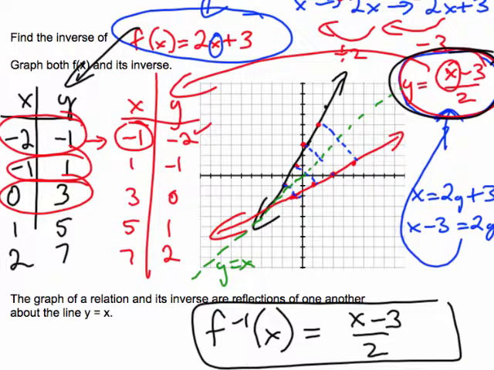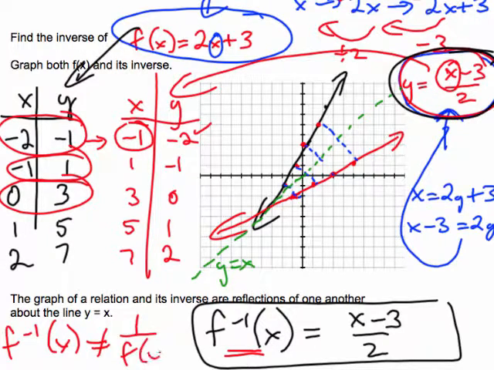This notation is a little confusing. Don't think of f negative 1 of x as the reciprocal. The negative doesn't mean reciprocal. Reciprocal and inverse are different concepts, which I'm sure will be reinforced in class.